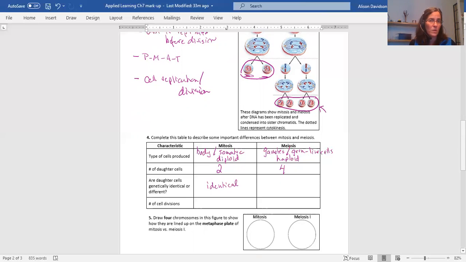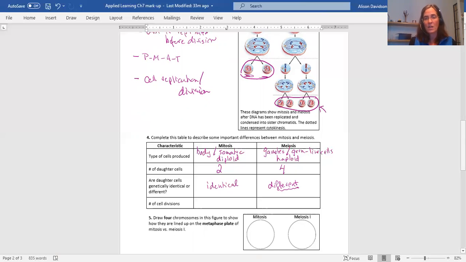Meiosis, however, being used for sexual reproduction, is producing gametes that are genetically different from each other. And this is important because it means that genetically the offspring are not identical to the parents. And that is important for genetic diversity in the population.